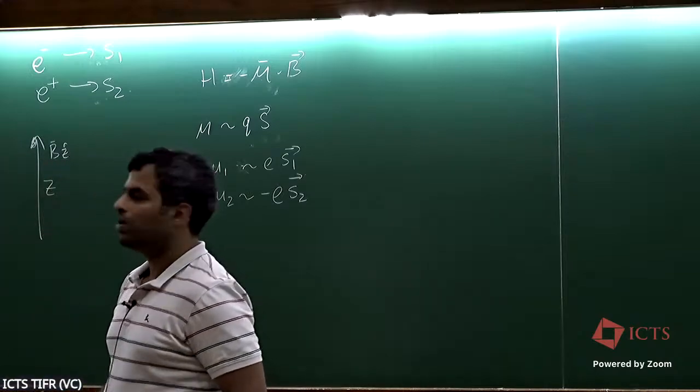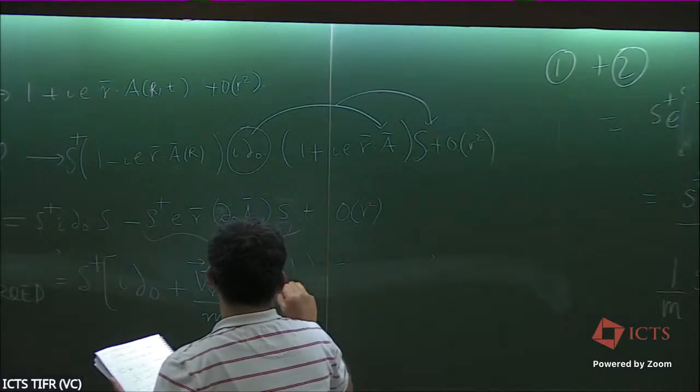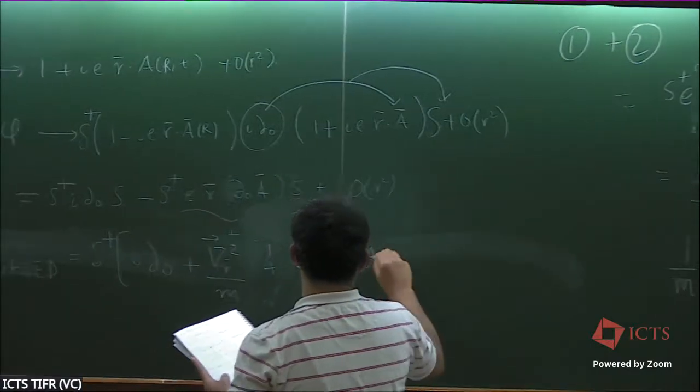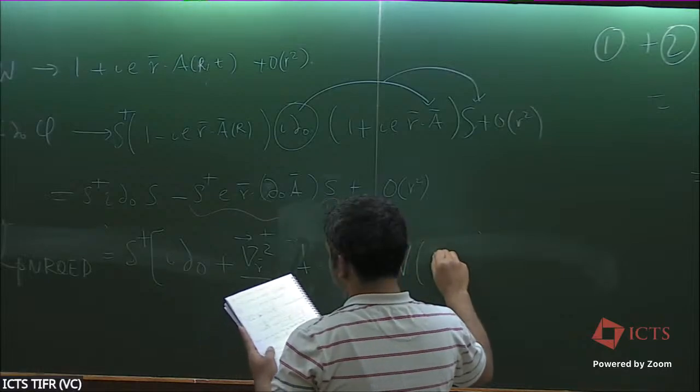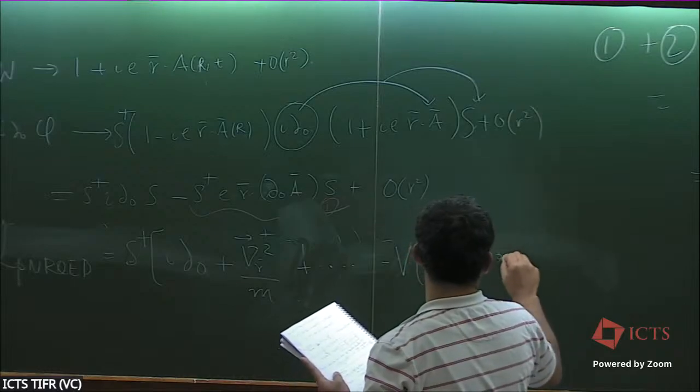Okay, so my PNRQCD Lagrangian, or PNRQED, is S dagger (i del 0 minus, you would get one of the kinetic terms, del R square by 2m. Let me take it carefully. Yeah, plus del R square by m. There are other terms in the 1/m expansion, minus V, which depends on R and also on momentum, sigma 1, sigma 2, the spins.